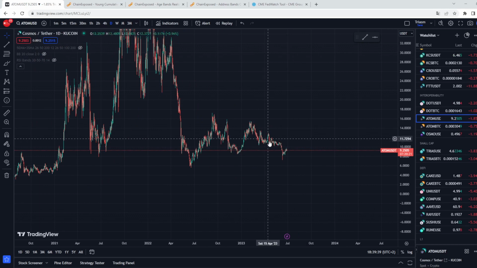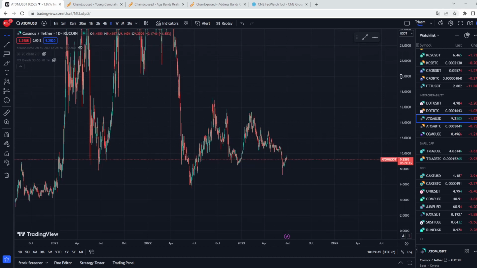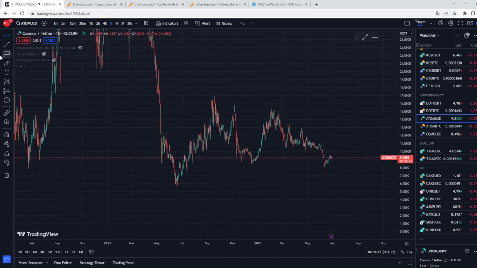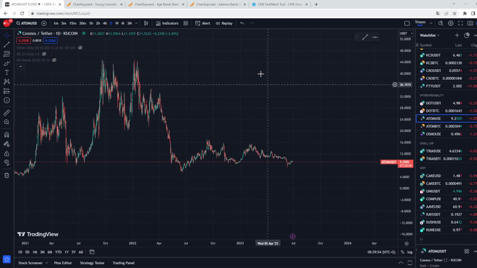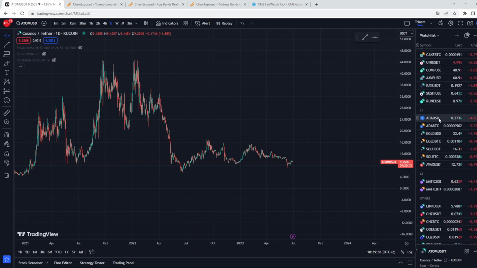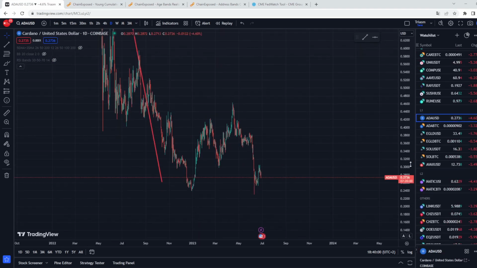If you have any question about any altcoins you want me to make a technical analysis on, I will be glad to do it. For example, we can make a lot of those, but I don't want to get too deep today into this kind of analysis. I just want to see where we can go.